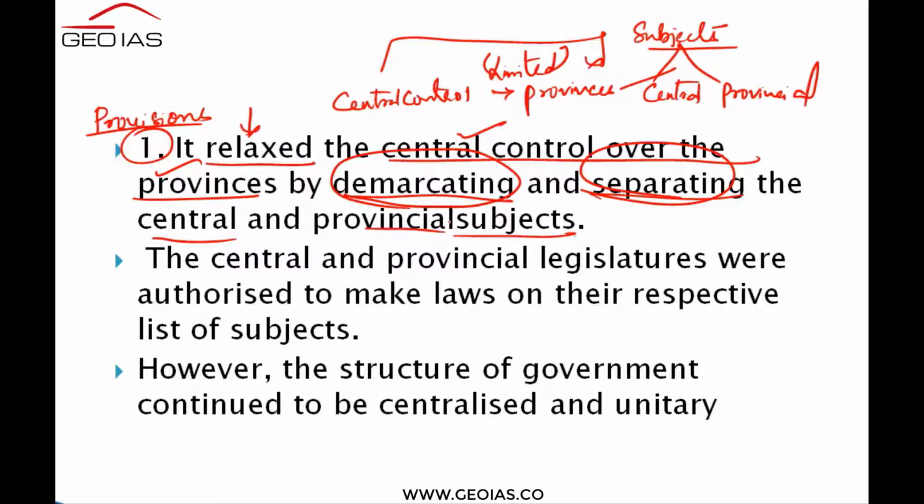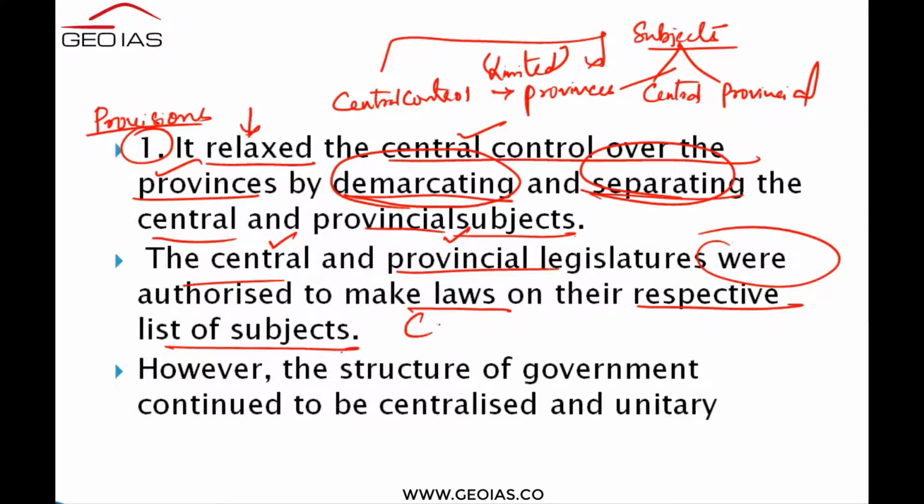The central and provincial legislatures, we have the central legislature and provincial legislatures, right? They were authorized to make laws on their respective lists of subjects. So the center should make laws only on the central subjects, and the provinces should make laws on the provincial subjects. However, the structure of the government continued to be centralized and unitary.